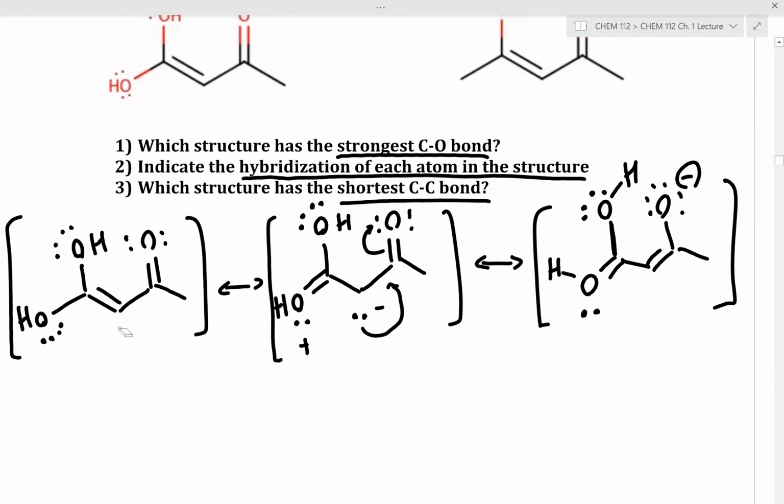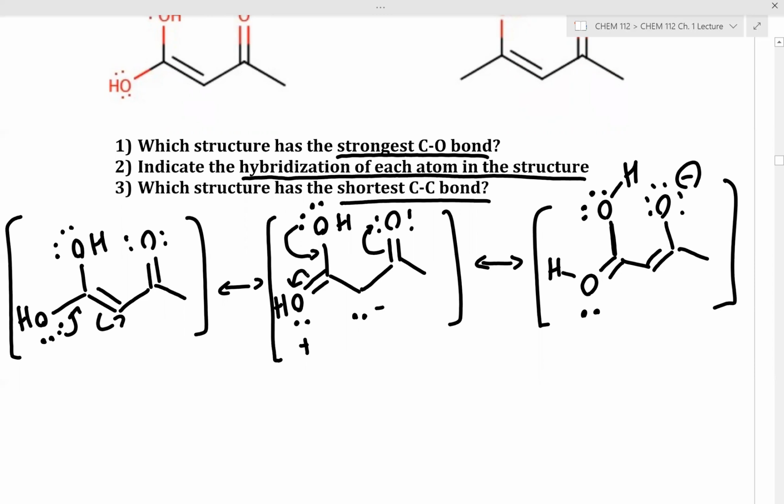So the next potential structure that we can access is going to require a little bit of careful movement of electrons. So starting off from structure number 2, what we're going to do is kick the lone pair on this topmost oxygen down and break our carbon-oxygen double bond.